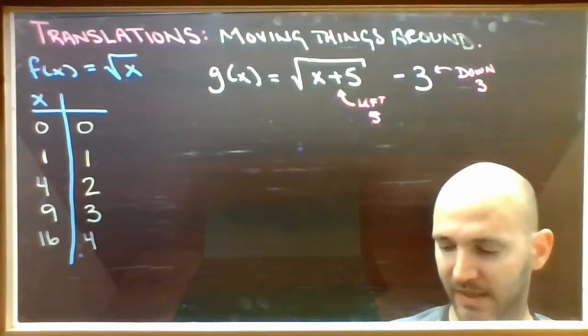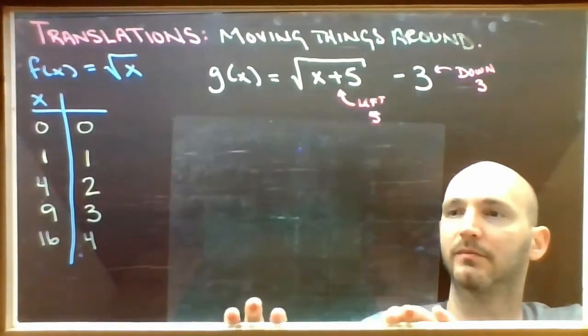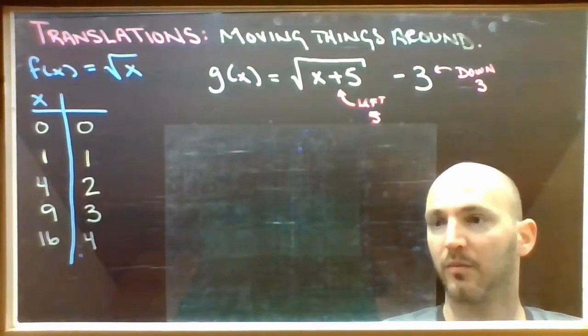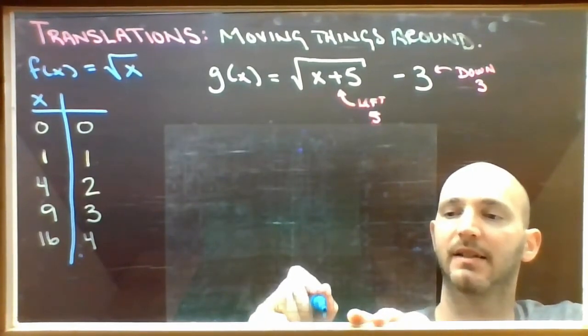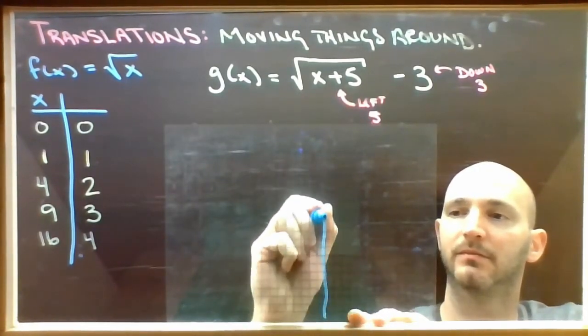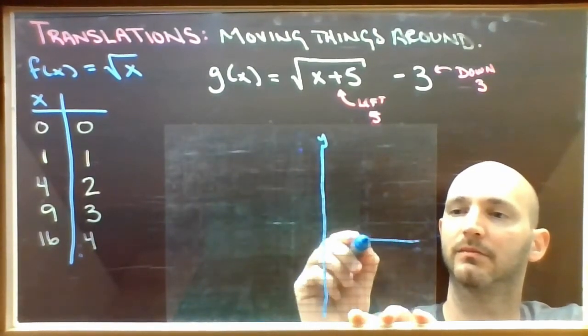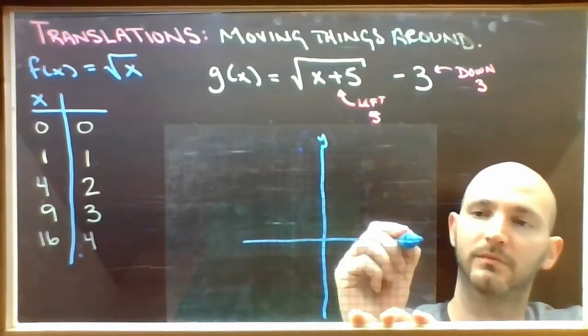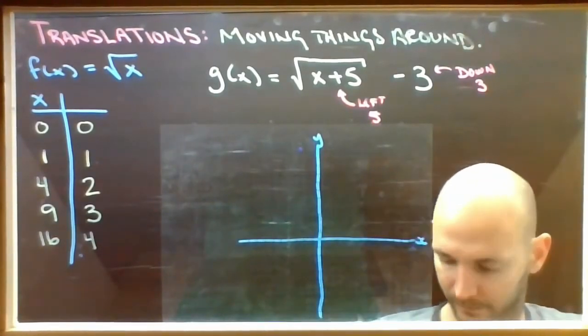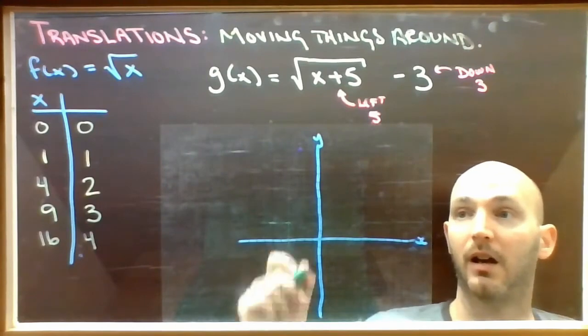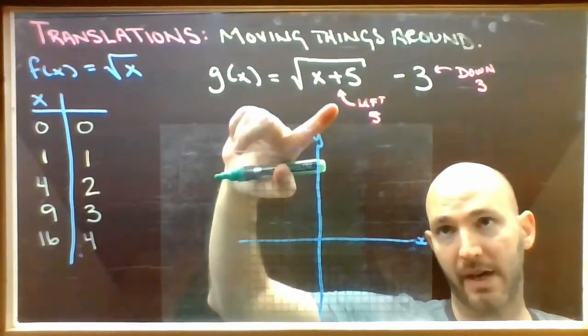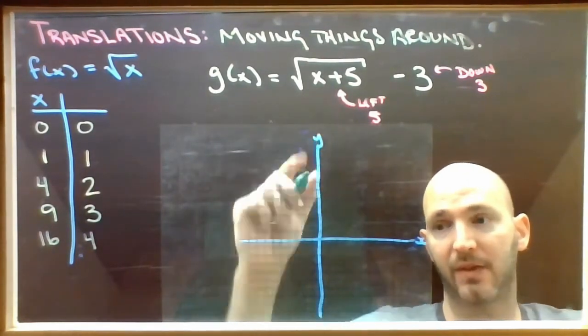So I'm going to fetch myself a grid, put on my untranslated axis. My y-axis needs to be shifted 5 to the left.